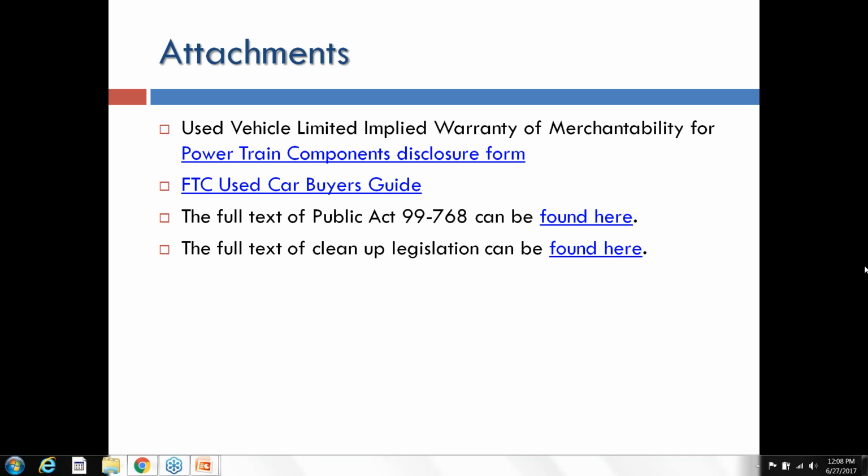I understand that when you're selling at the auction, you don't know who the ultimate buyer is going to be, but I would advise you, the dealer, to provide the disclosure when you sell that vehicle at auction.